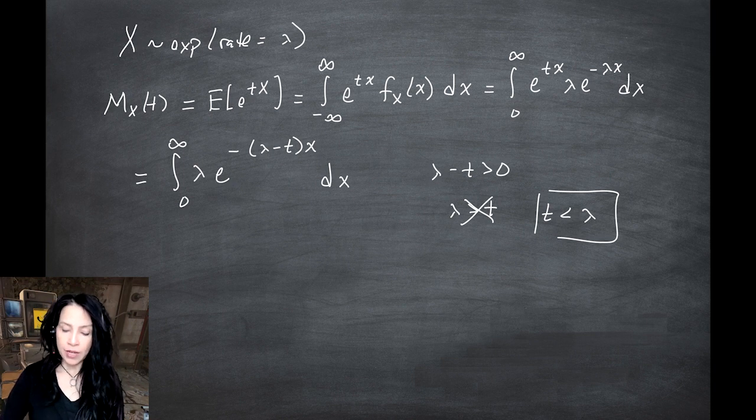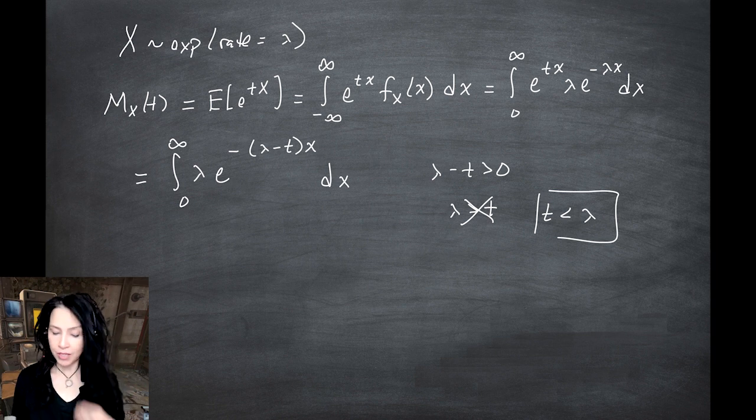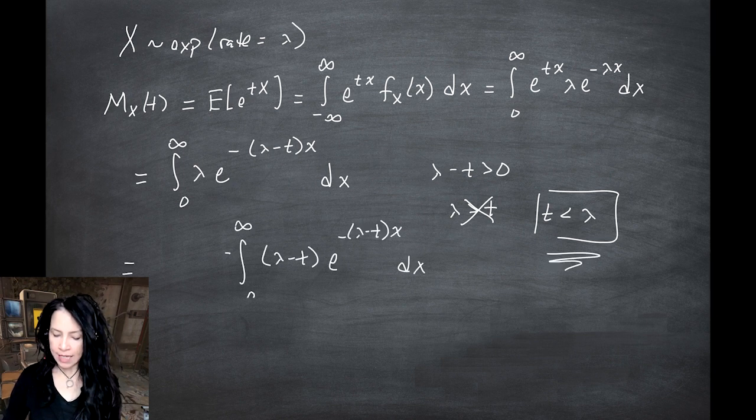And now you can either integrate this from scratch using your integration skills, or I can kind of integrate it without integrating by making it look like the exponential PDF that it's almost looking like. If I had the integral from 0 to infinity of (lambda minus t) e to the minus (lambda minus t) x dx, then that would be an exponential distribution PDF with parameter lambda minus t.